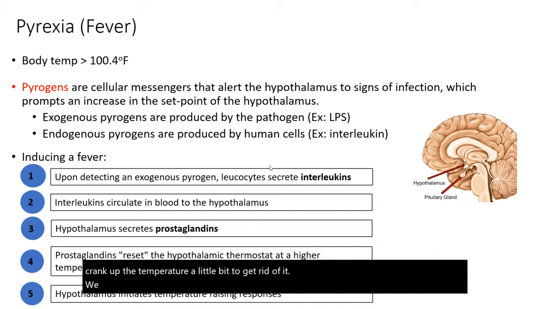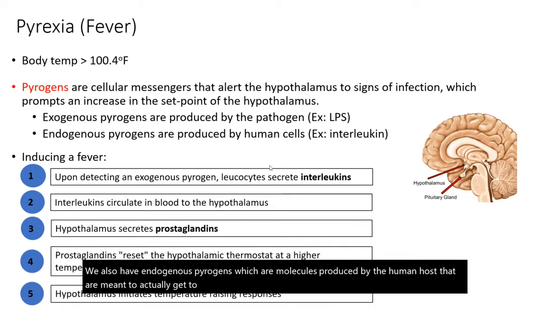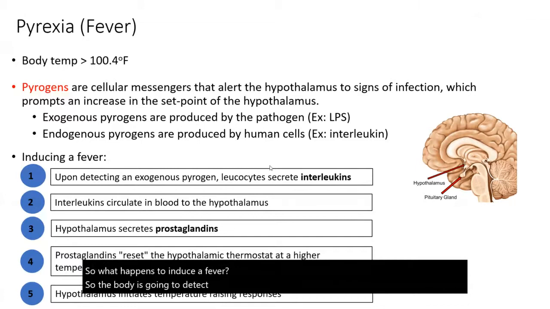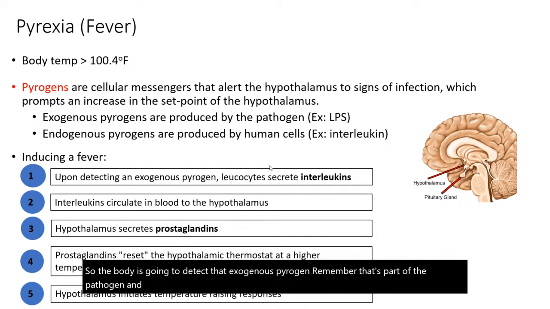We also have endogenous pyrogens, which are molecules produced by the human host that are meant to really induce the fever process. So what happens to actually induce a fever? So the body is going to detect that exogenous pyrogen. Remember, that's part of the pathogen. And the leukocytes, our white blood cells, are going to release a type of cytokine called an interleukin.